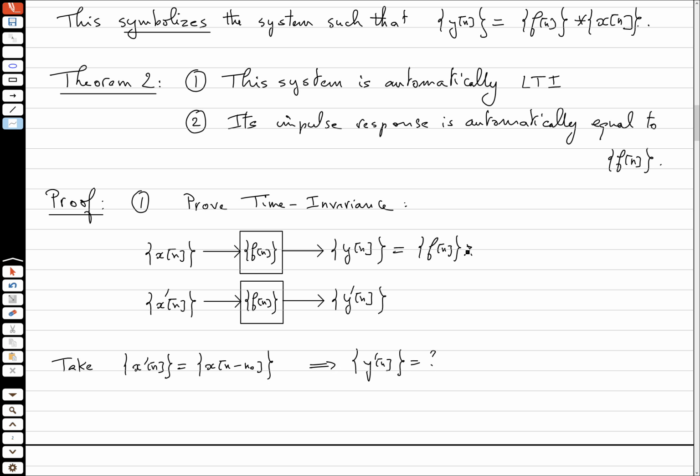We know by definition it maps x of n into the convolution between f and x. Here, same thing with x prime. So what do we say? We say that this is going to be clearly this.